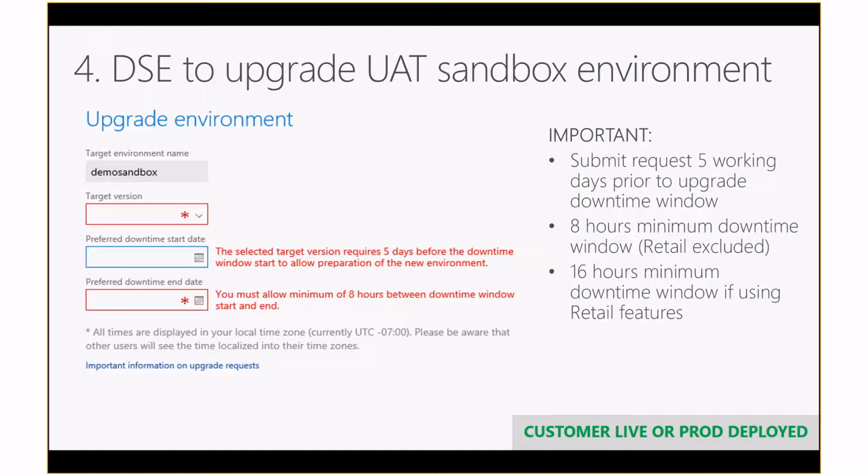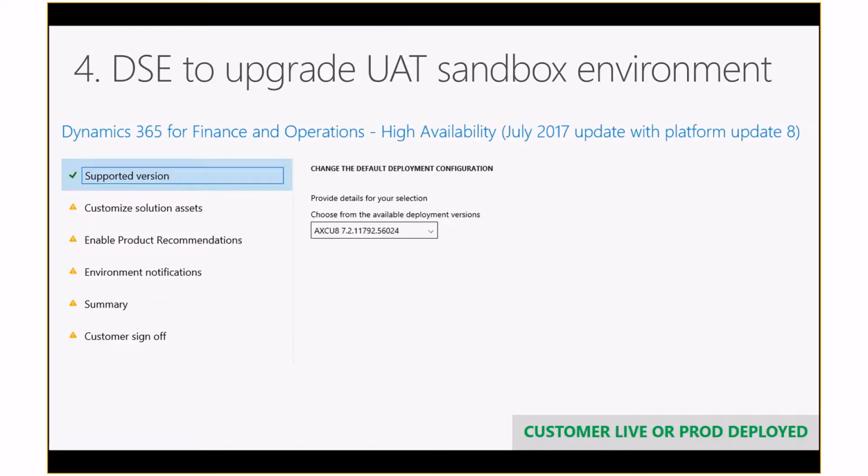So you fill in these times, and then you can click the next button, and then you come to this screen. It is a little bit similar to the screen that you have when you do a new deployment, but with fewer options. The supported version has already been chosen in the previous one, so here you probably have only one option in most cases.